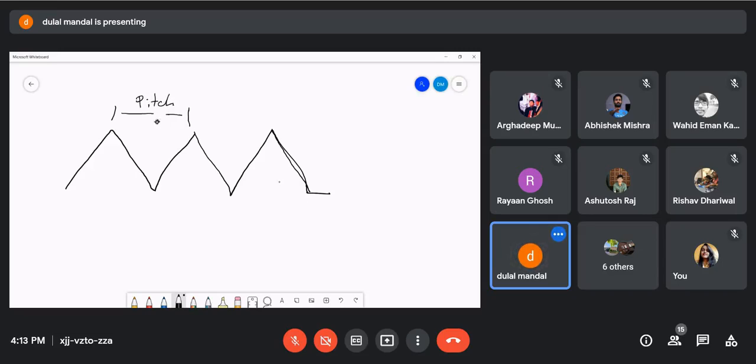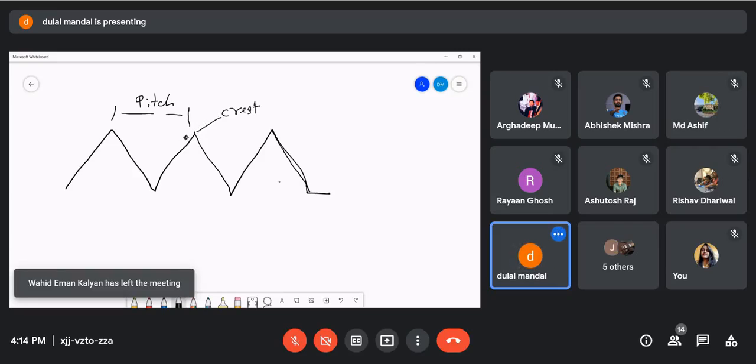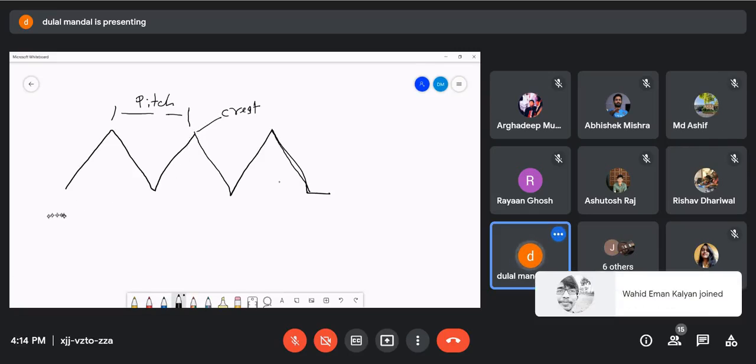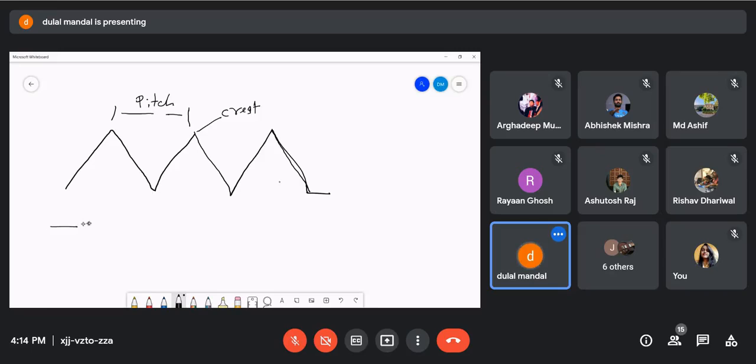This is the crest, or sometimes it is called the apex. And this portion is known as the root of the thread.